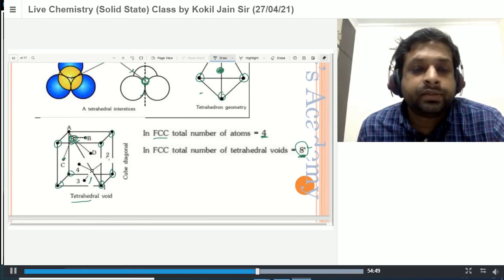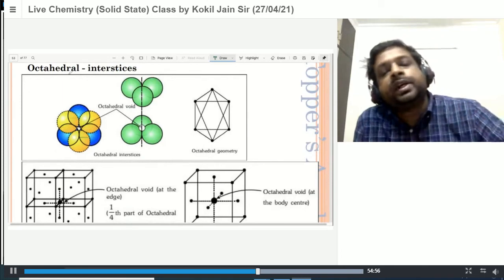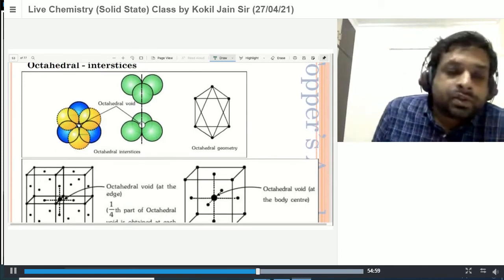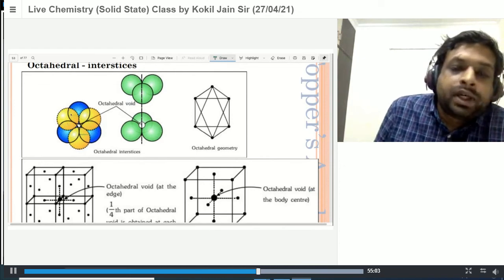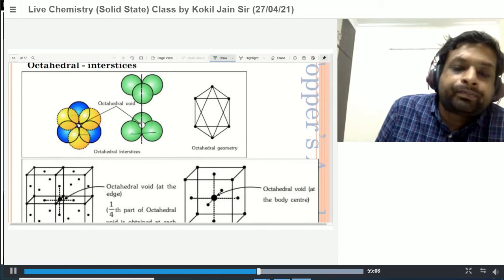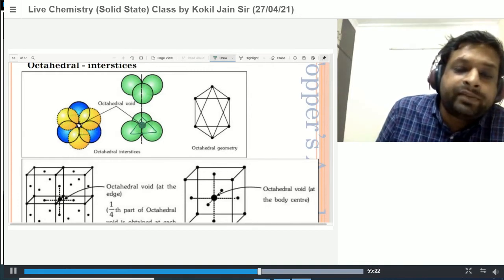Now let's see in case of octahedral interstices. See, in case of octahedral interstices, what we see here is the arrangement of atoms is like this. And in between this arrangement, we are going to see another void space. Now, we are not going to put one sphere directly above this void.